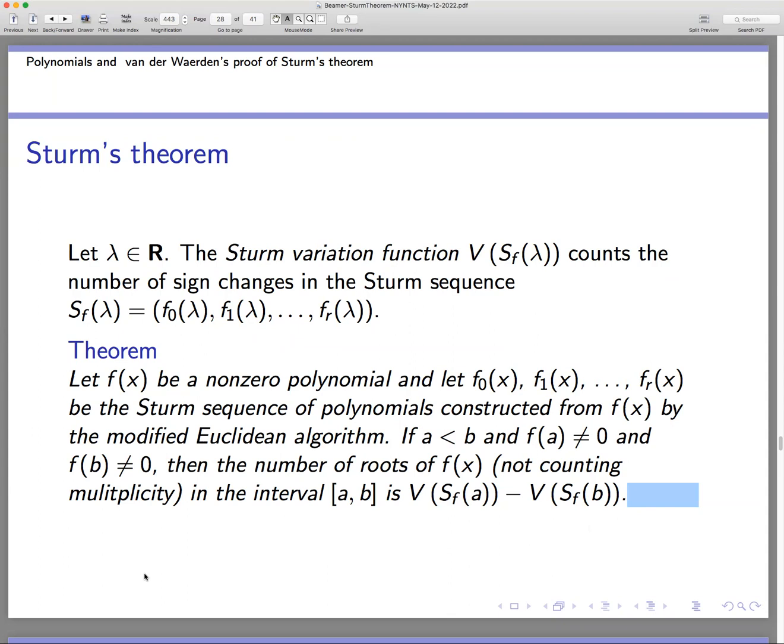Now, I occasionally ask myself, why is it in Descartes' theorem, in the Budan-Fourier theorem, and in Sturm's theorem, that the answer for the number of real roots in an interval comes from counting the number of sign changes in some sequence? And the answer is, I haven't the faintest idea. I assume that someone somewhere, maybe one of you, can tell me why this sign variation function has the secret to the number of roots.